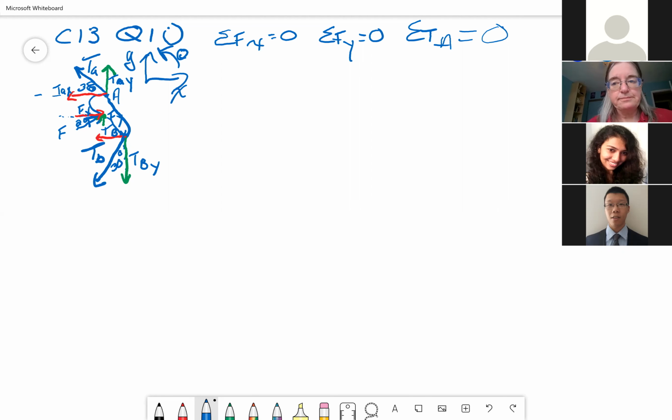Okay, so let's just figure out what each of those are. TBY equals TB times, and it's adjacent to the 30, so cos 30. Are we all good with that?